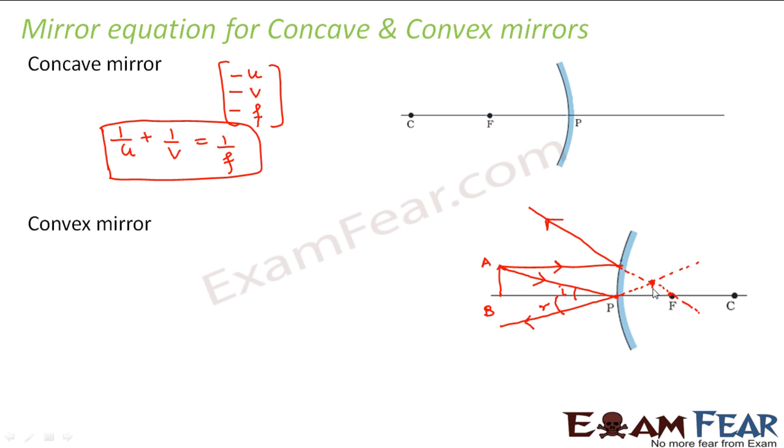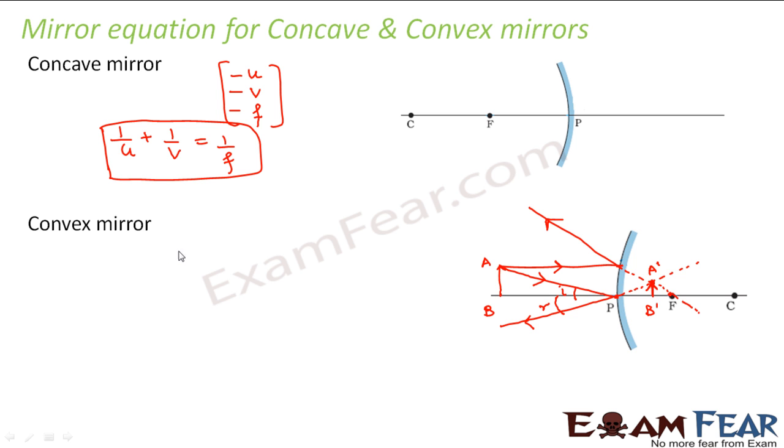That means the image is formed at this point. Since this image is above the principal axis, it is an upright or erect image. In the case of a concave mirror, the image was inverted because it was below the principal axis. But here it is above the principal axis, so A dash B dash is the image formed. In this case, the image is erect, but the image is virtual.